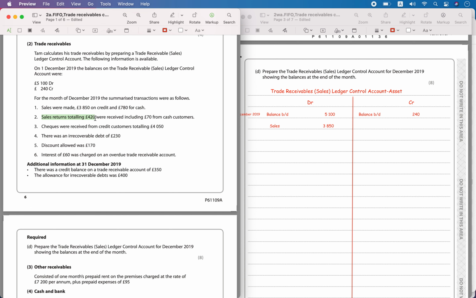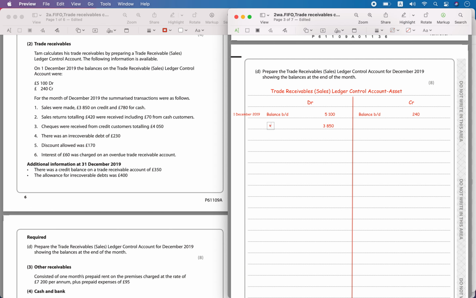Then sales returns totaling 420 pounds were received, including 70 pounds from the cash customers. So let's write that. The sales returns were around 420 minus 70.